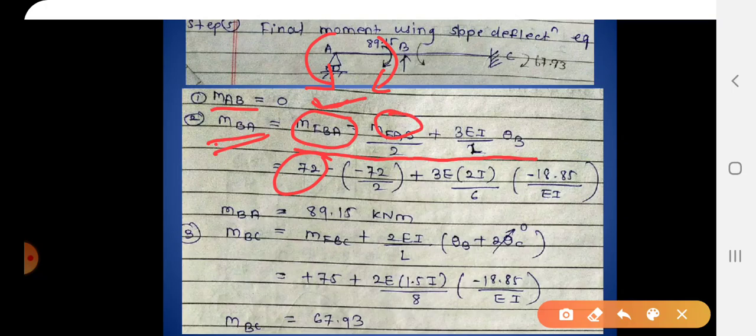Now putting all the respective values, you will have this value of MBA.